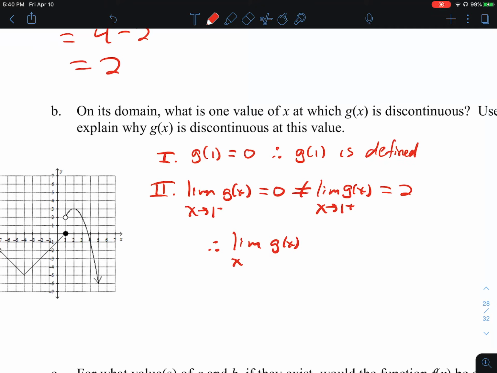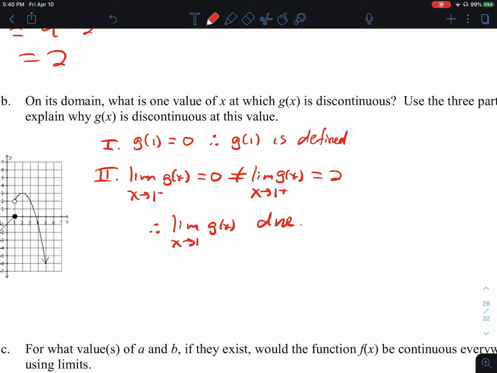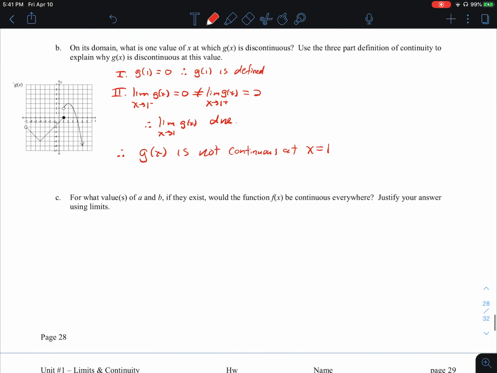Therefore, the limit of g of x as x approaches 1 does not exist. Therefore, g of x is not continuous at x equals 1. Sweet.